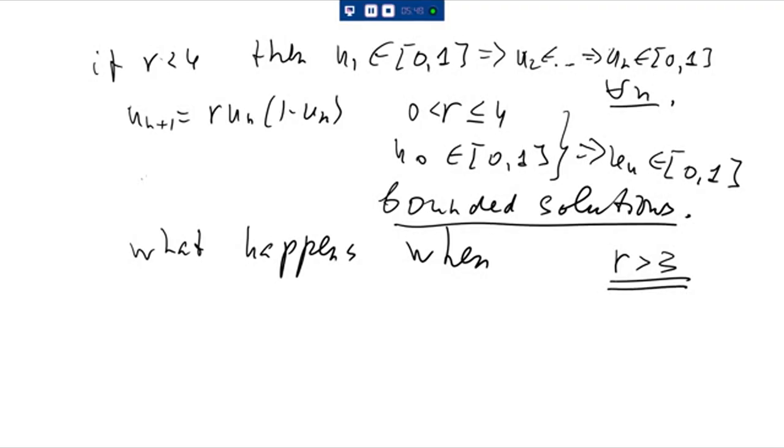So we have bounded solutions on one hand. On the other hand, we don't have any stable fixed point. And this means that we should see something else.